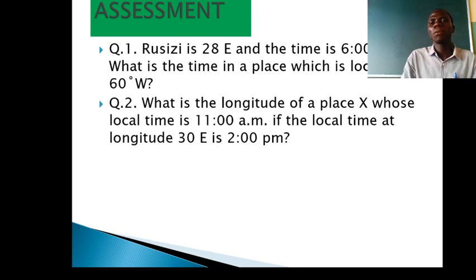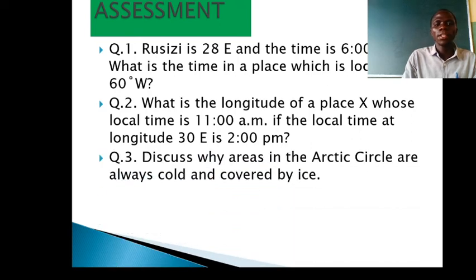What is the longitude of place X whose local time is 11 a.m. if the local time at longitude 30 east is 2 p.m.? The third question. Discuss why areas in the Arctic circle are always cold and covered by ice. Please answer clearly to these questions according to what you have discussed throughout this lesson. Enjoy the test.